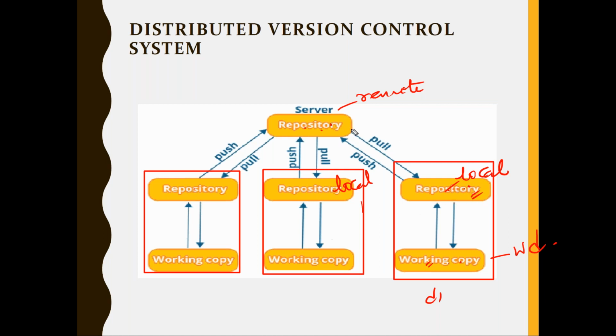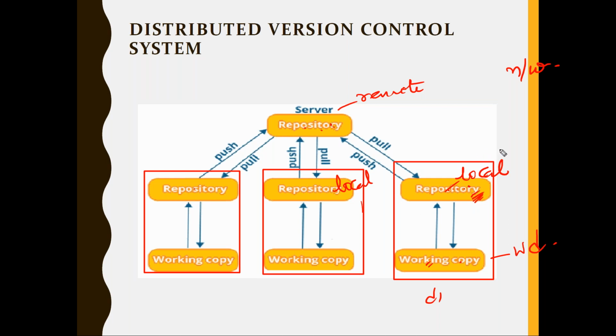Another thing is how this overcomes the drawbacks of centralized version control system. Let's say there were no network connections. You can still work on local. You need network connections only to push to or get from remote. Unless you want to push or pull, you can still work here.